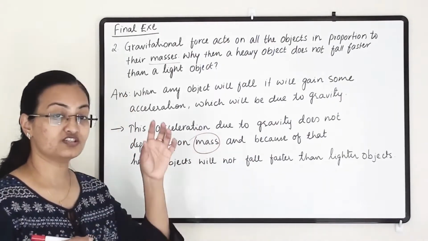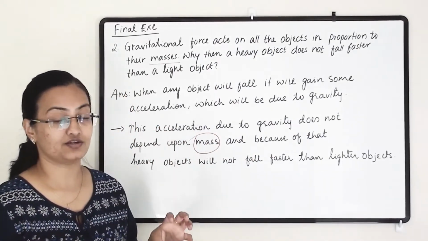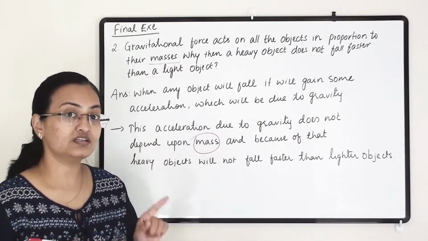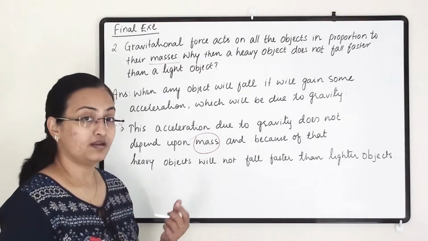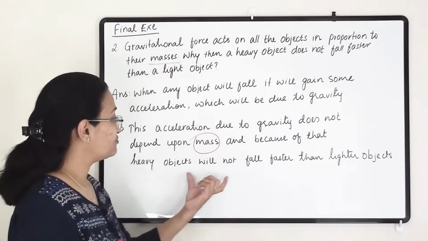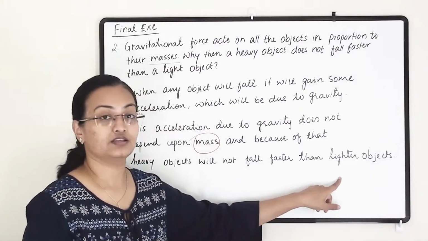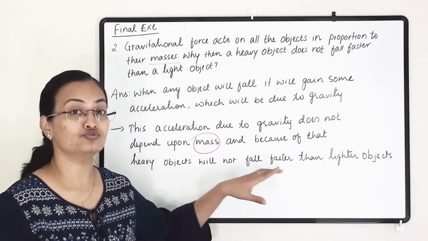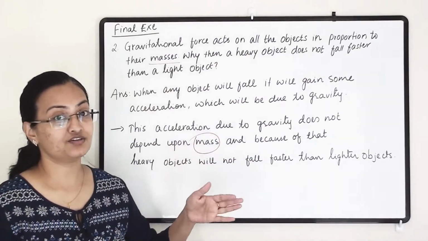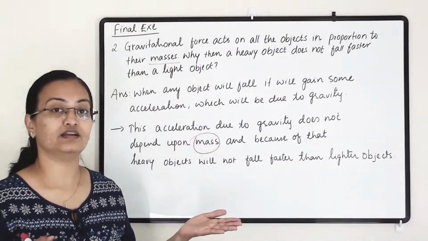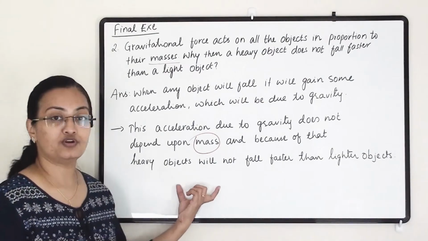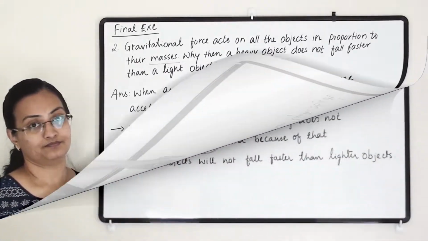While the object is falling, the acceleration due to which it is falling does not depend upon mass, and because of that the heavy object will not fall faster than the lighter object. Both objects will fall due to the acceleration, and the acceleration is independent of the masses of the objects. So that's why a heavy object will not fall faster.